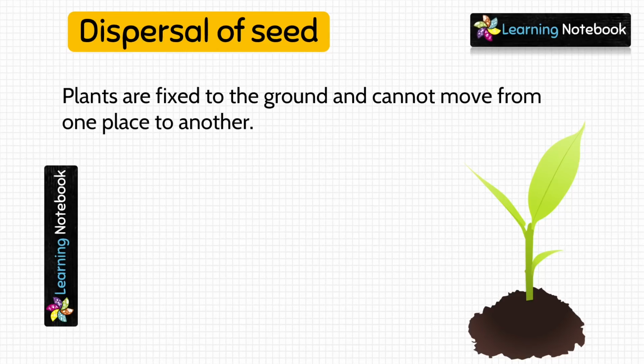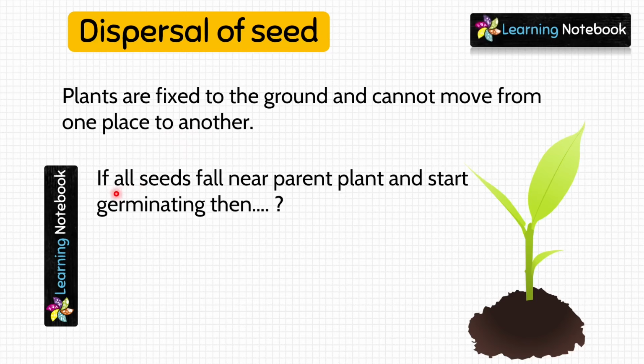Students, we know plants are fixed to the ground and cannot move from one place to another. So, if all seeds fall near the parent plant and start germinating, then what will happen? Tell me.